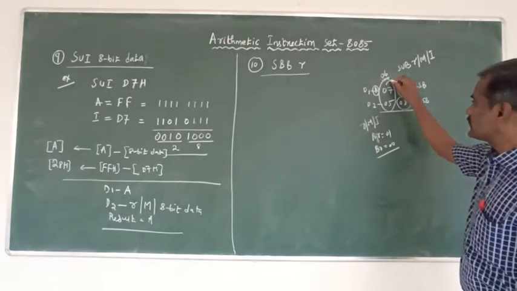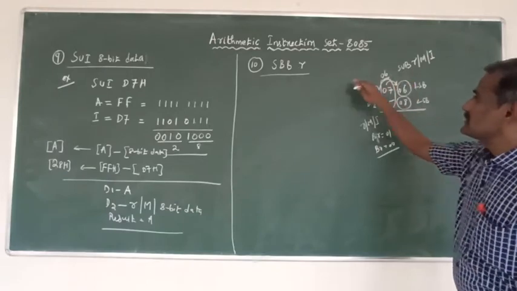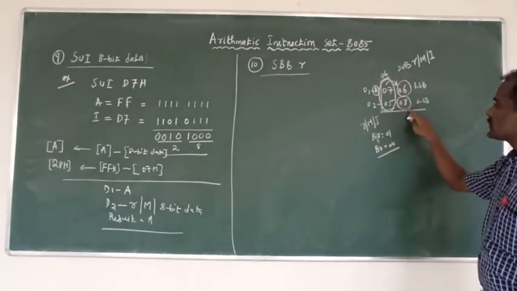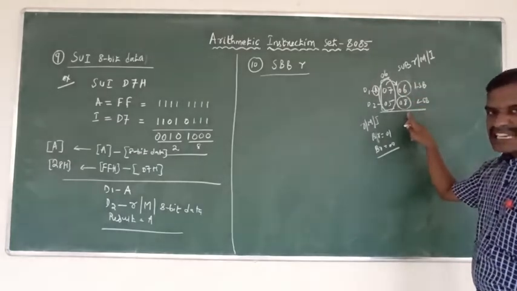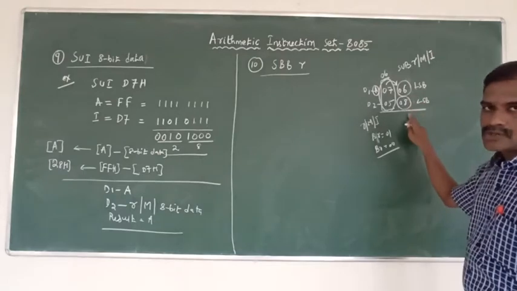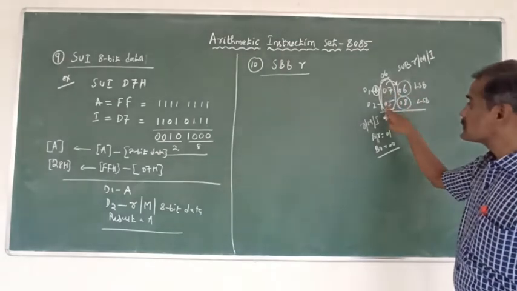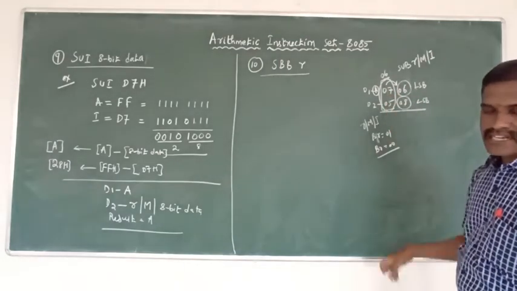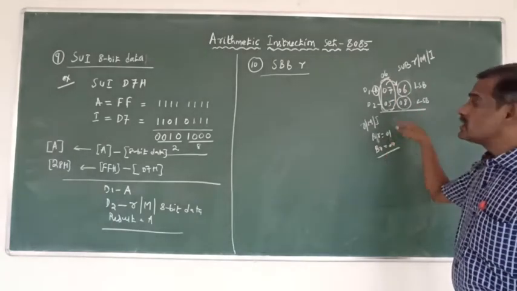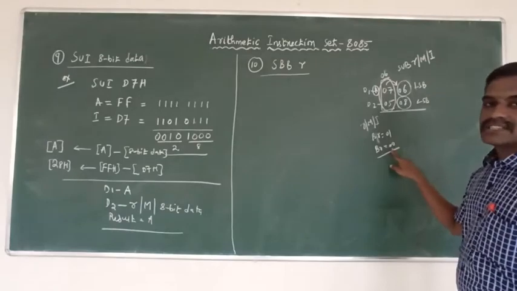Here we can use the SBB instruction. Here we can use the SUB instruction. This is for subtract without borrow status. And here we have to subtract with the borrow status also. If there is a borrow we subtract with 01. No borrow means we subtract with 00.